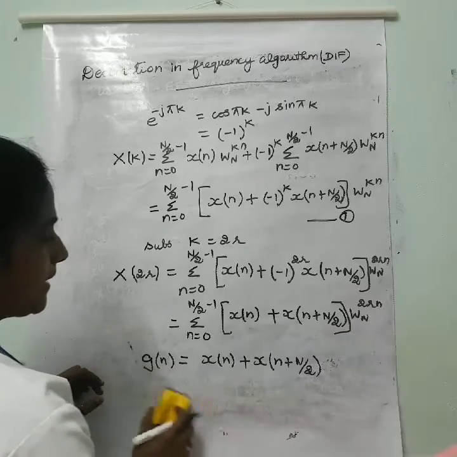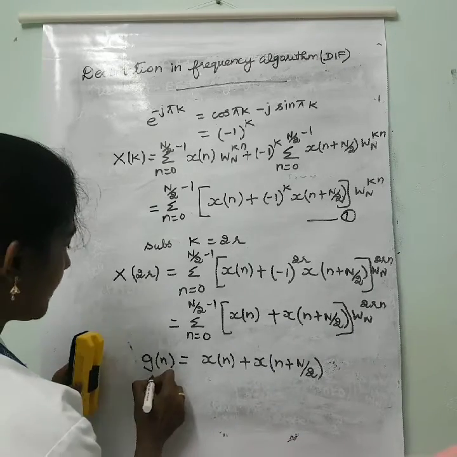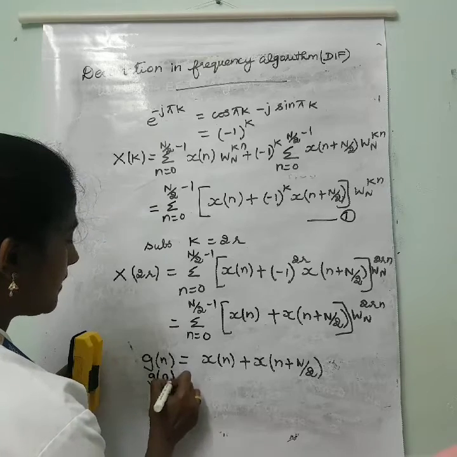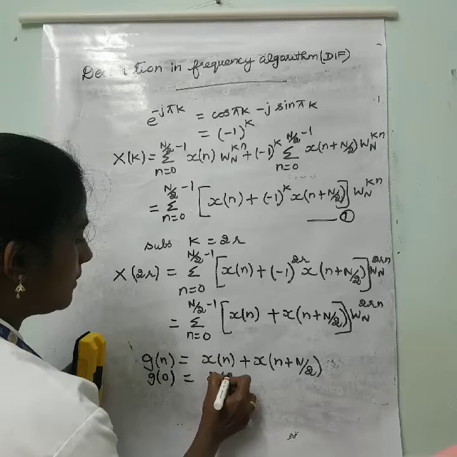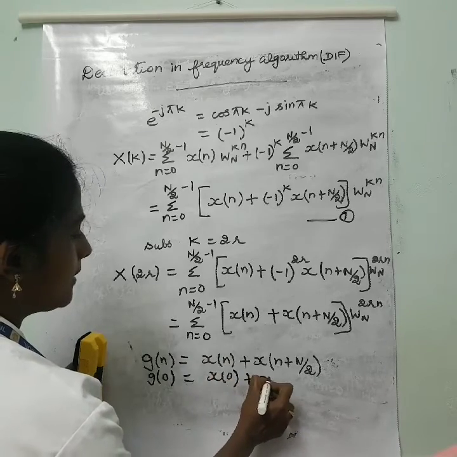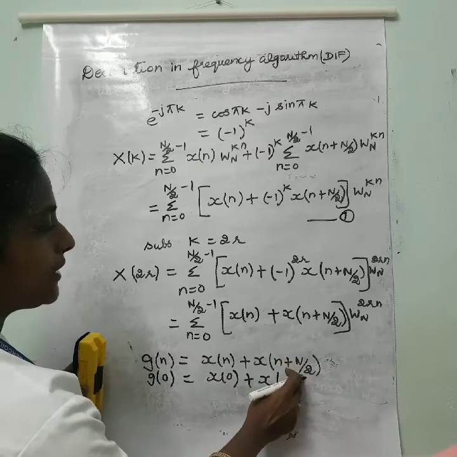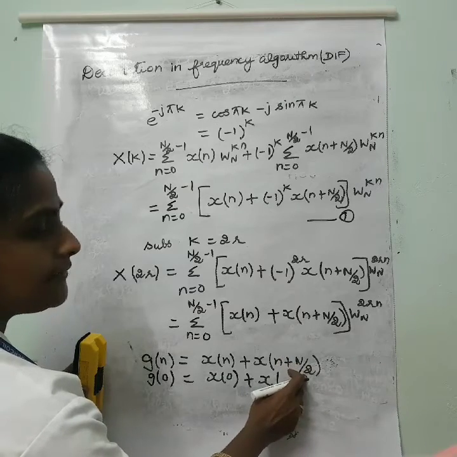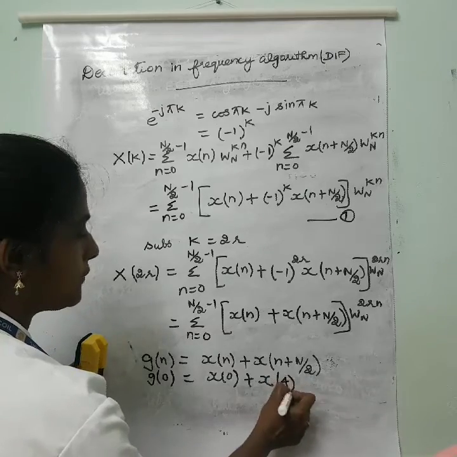That can be written by substituting the values from 0 to 3. When n is equal to 0, g of 0 is equal to x of 0 plus x of, this value is 8 divided by 2 is 4, plus 0 is 4, so x of 4.